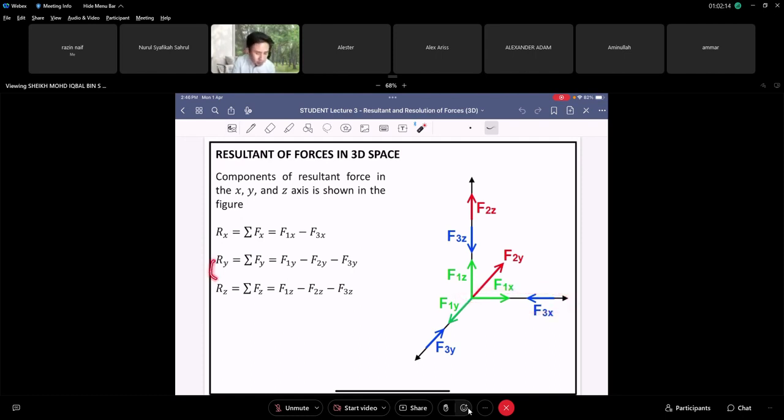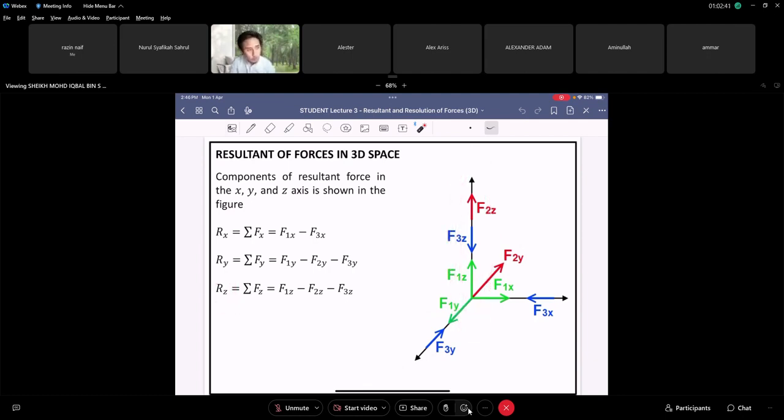Same thing for the resultant force in the y direction. You add every force in the y direction. Okay. Same thing for the resultant force in the z direction. You add everything in the, sorry, for the y direction, it's this one. So you add everything in the y direction, and then in the z direction, you add every force in the z direction here.